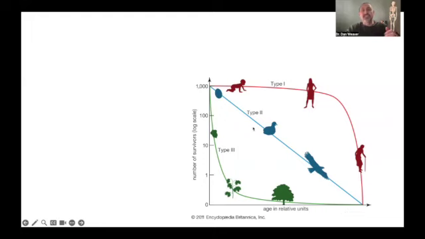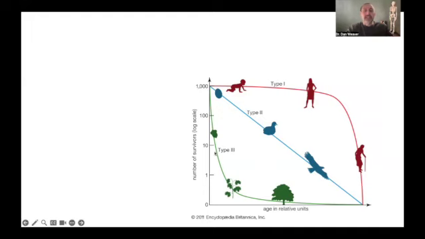You'll notice that in type 2, we have a high number of births, but then we have a lot that are lost in childhood. So in this case, the young hawks might not survive to become adults.